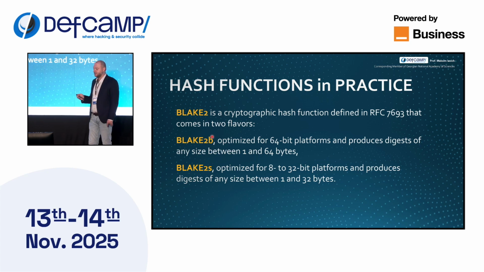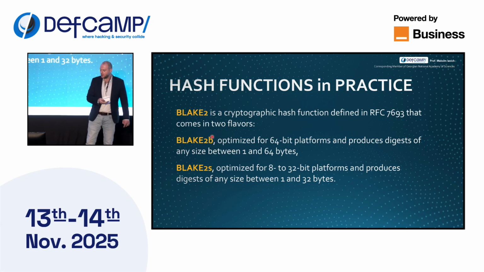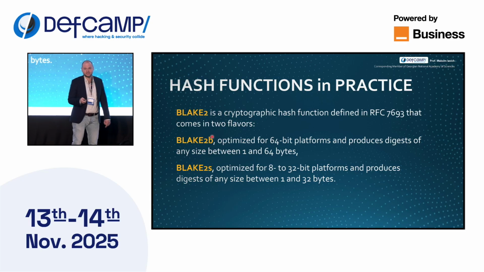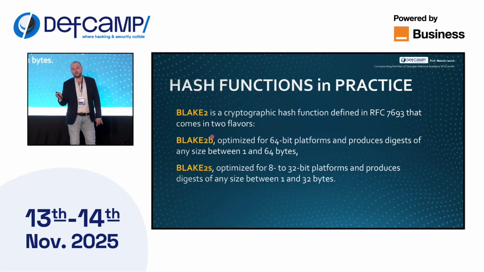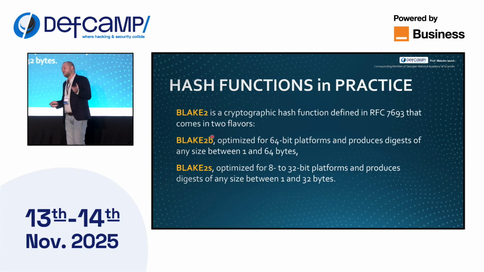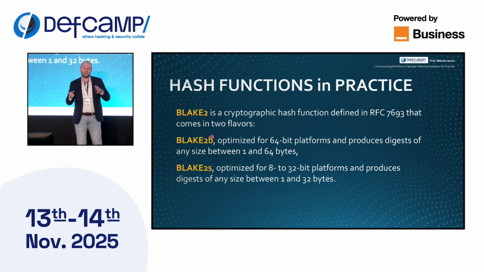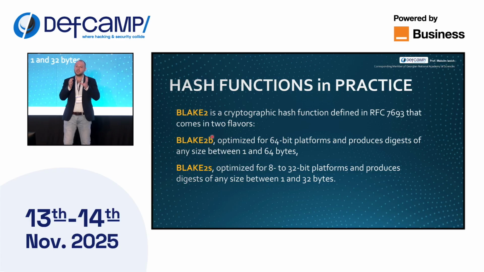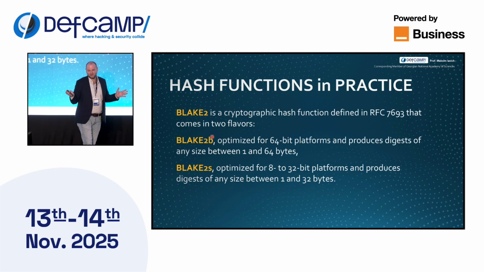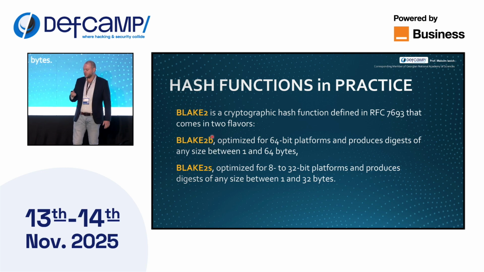The first one is Blake 2B, which you can use for 64-bit platforms, and Blake 2S can be used only for 32-bit platforms. It's secure and fast. Why is it not a NIST standard? Because it uses the same concepts that SHA-2 uses, and there is no point in having two similar hash functions.